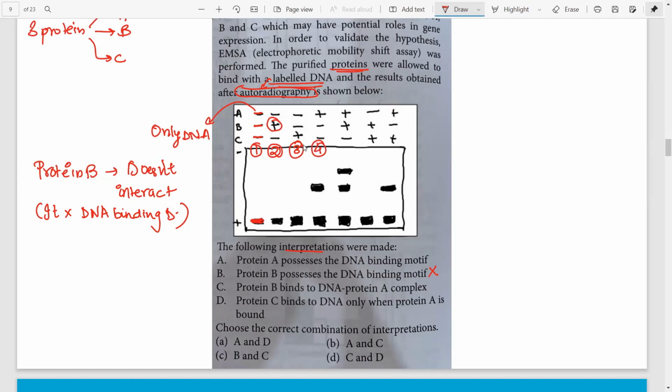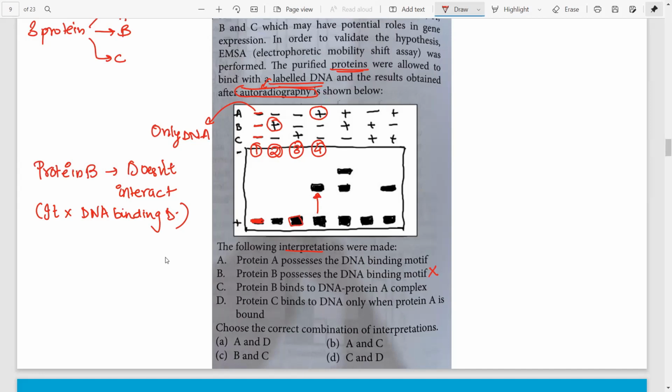Let's look at lane 4. Now there is something different we can see. When they added only protein A and the DNA, they observed a shift in band. See, regularly we used to get only one band here, but here there is a shift in the band. There is a decreased mobility.